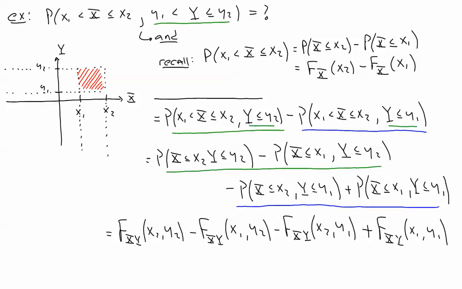All right. So hopefully you can see that, let me pick a color here. This region, the region when x is less than x1 and y is less than y1, this region was subtracted off twice.